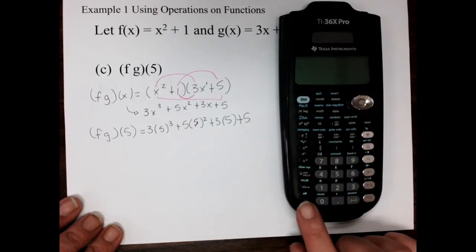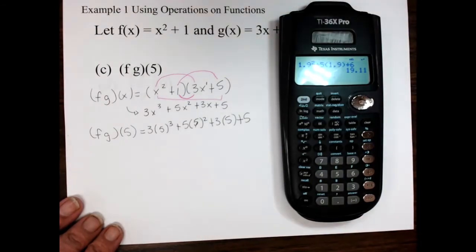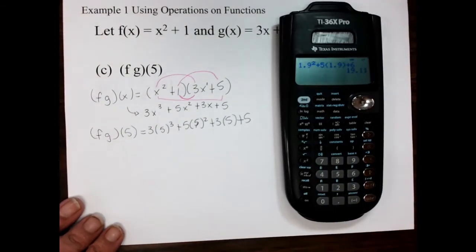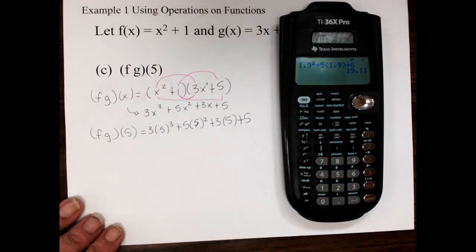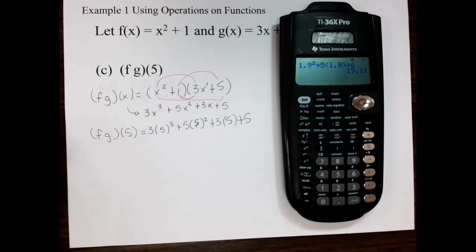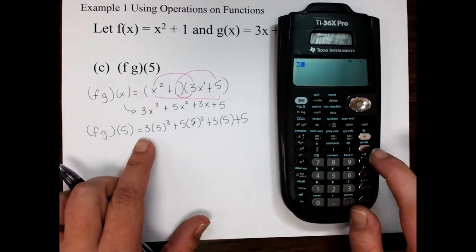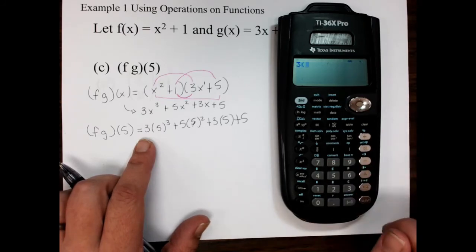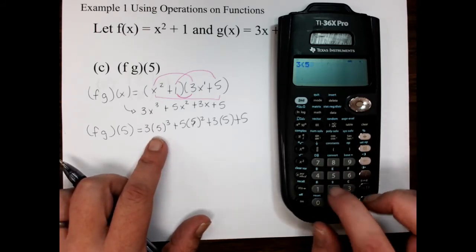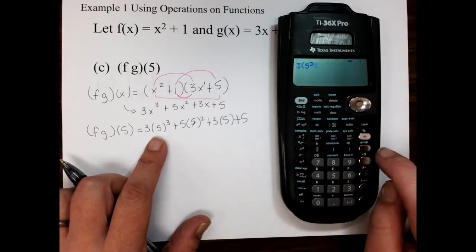So I need to put in 3, and then my parentheses 5, and then to get my exponent I need to use my cube key.